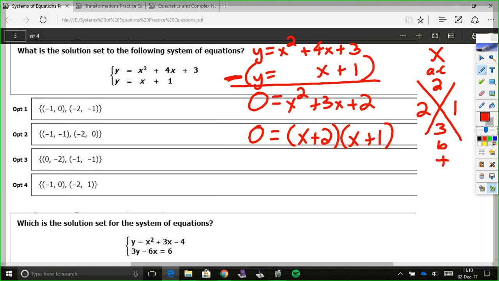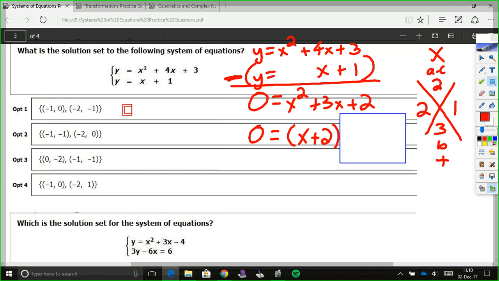Alright, now what you do is you take both these groups and have them equal 0, right? If you cover one up, you have x plus 2 equals 0, and let's go ahead and solve that equation. X plus 2 equals 0.